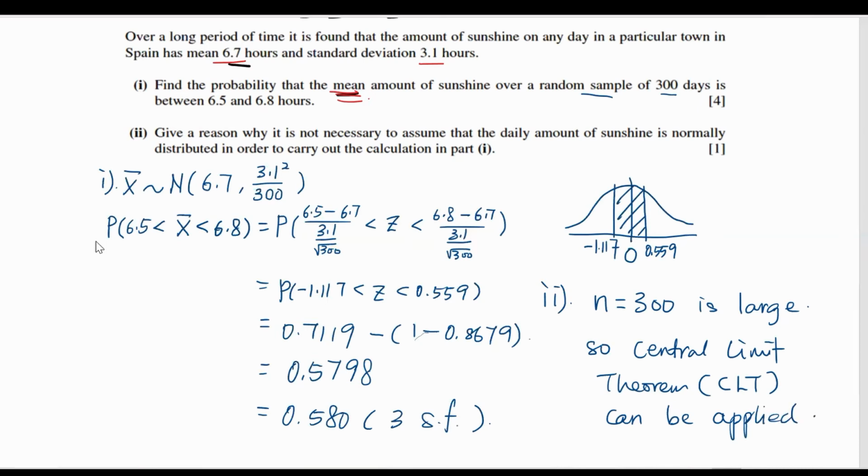And when we apply the central limit theorem, the sample mean distribution will be approximately normal. So the mean amount of sunshine will be approximately normal as long as the sample size is large. All right? So that is why it's not necessary to assume that the daily amount of sunshine is normally distributed.